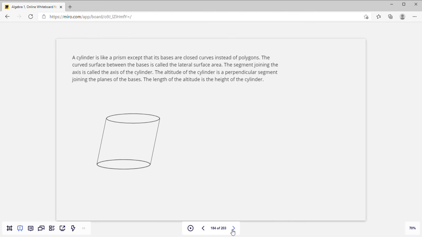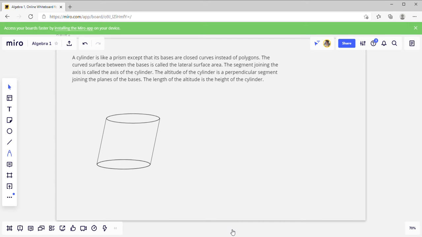All right. A cylinder is like a prism, except that its bases are closed curves instead of polygons. The curved surface between the bases is called the lateral surface area. The segment joining the centers of the bases is called the axis of the cylinder. The altitude of the cylinder is a perpendicular segment joining the planes. Okay, so let's go over each thing here. So on this one, our bases are going to be these circles, right?